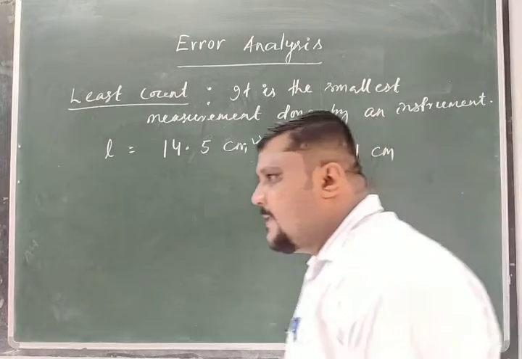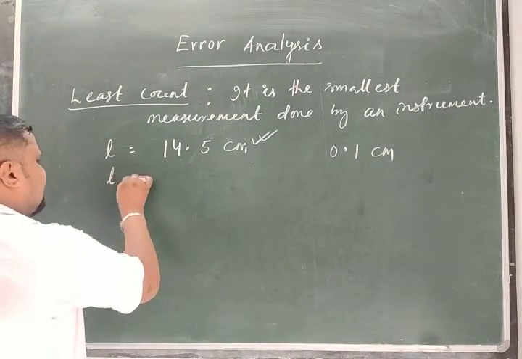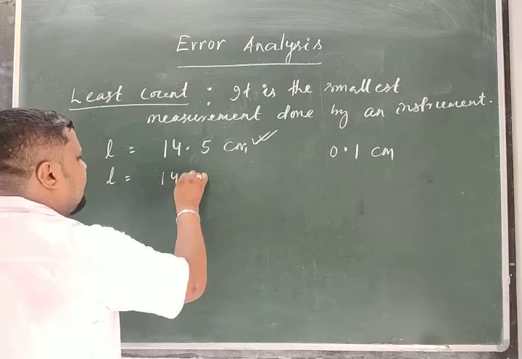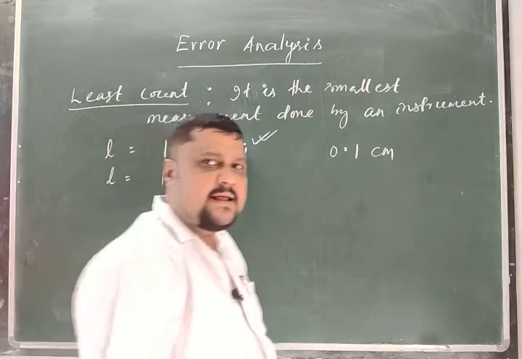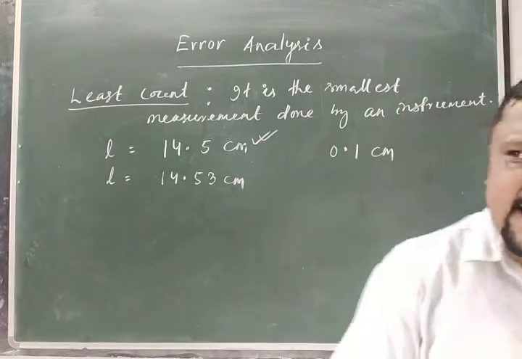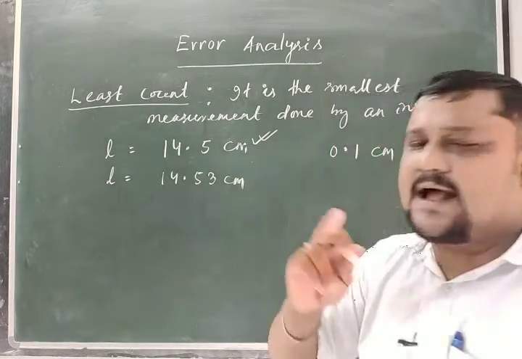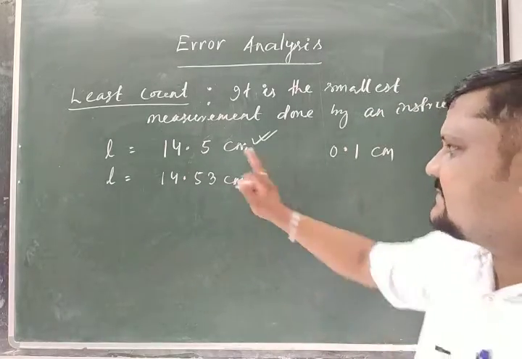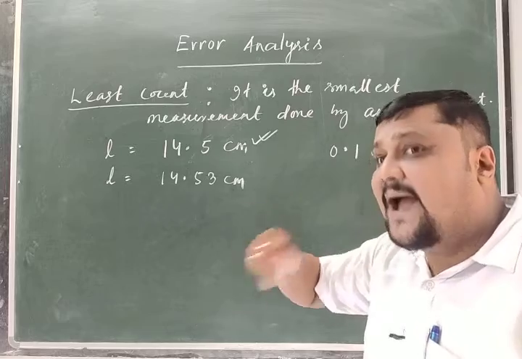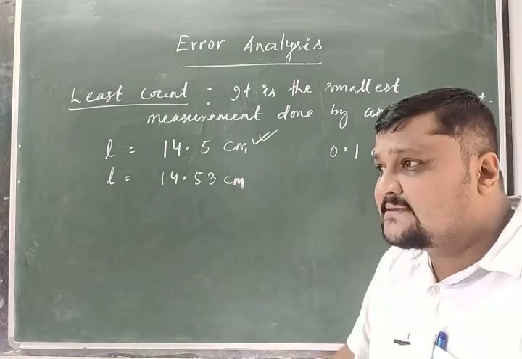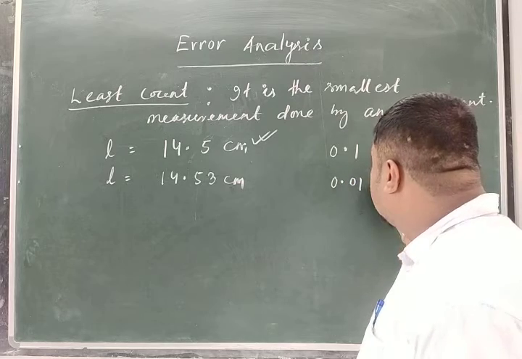Similarly, suppose someone writes the length as 14.53 cm. Then when I observe this length, I can say that it is measured by an instrument whose smallest division is 0.01 cm.